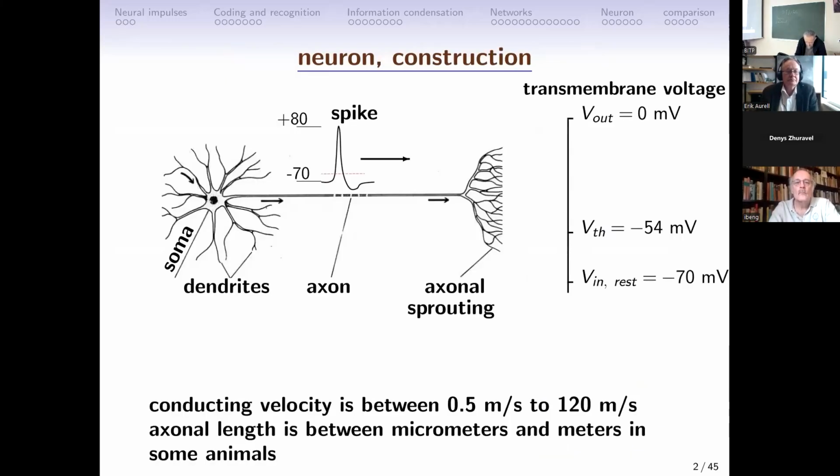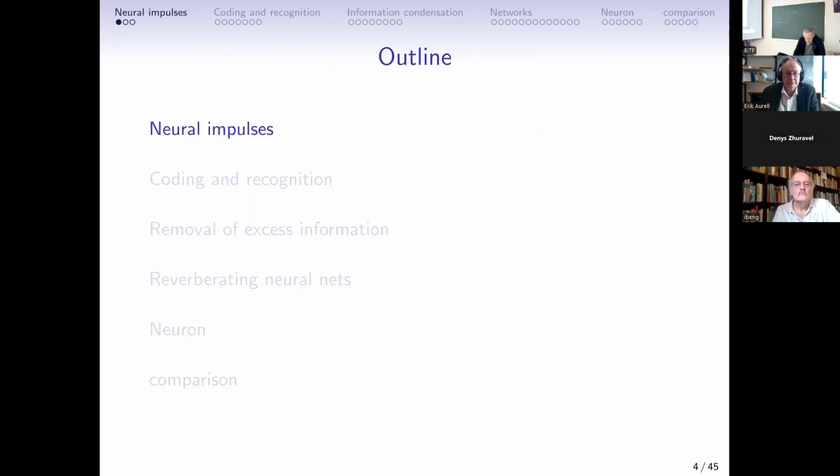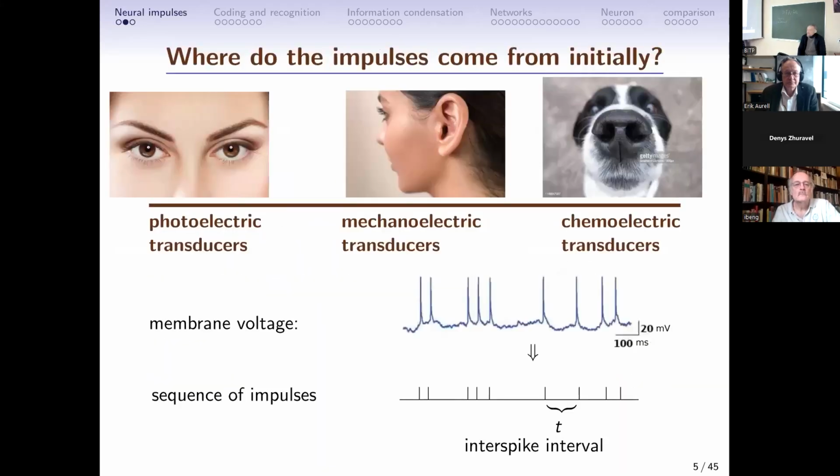So a neuron gets impulses from other neurons, gets triggered and sends impulses to other neurons. But there are also neurons which do not need stimulation from other neurons in order to send output spikes. One example is the sensory systems. These neurons are known as receptor neurons.